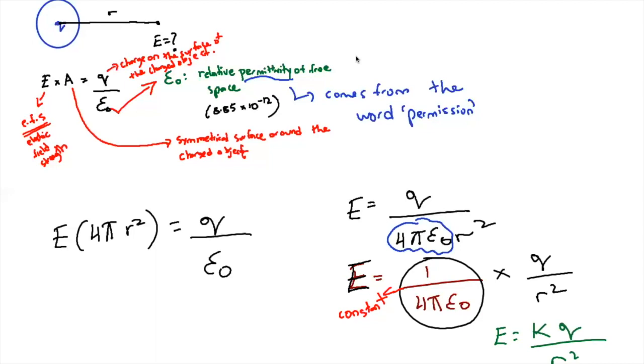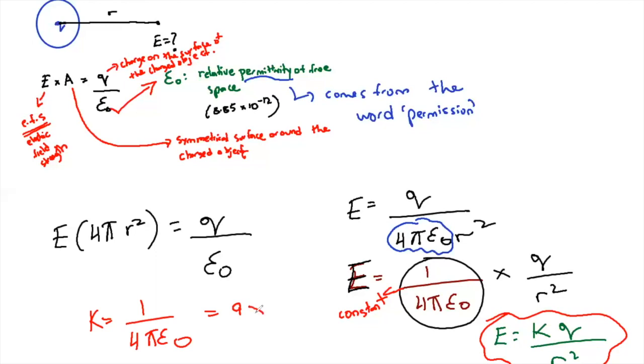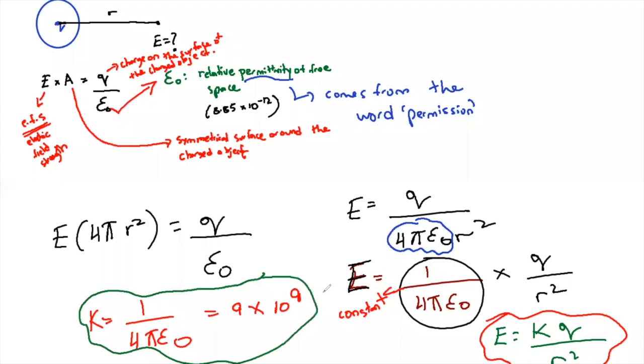I personally think that this formula is better because it makes stuff a lot easier for us. So K is equal to 1 divided by 4 pi E naught, and this value is equal to 9 into 10 raised to the power 9. I think it's actually 8.99 into 10 to the power 9, but we can write it like this, and that's a correct way to represent it. So it's a new constant, K.